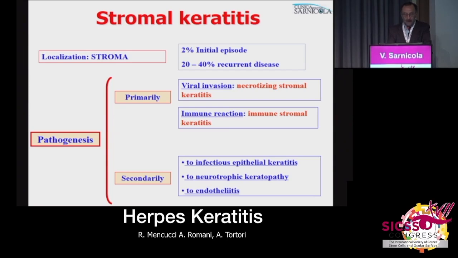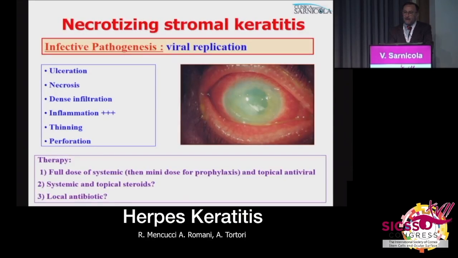In stromal forms, we have two of them essentially. The ones primarily or secondarily following neurotrophic keratopathy, and the ones following endothelitis. But we have to distinguish the form in which we have a stromal necrosis linked to the viral proliferation.